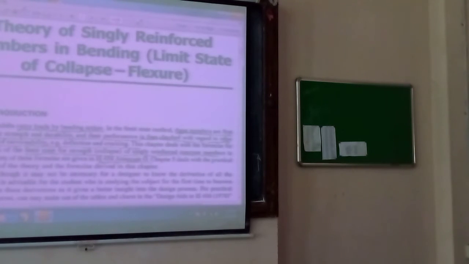In other words, ultimate limit state, or limit state of strength, or collapse in fracture. That is the correct way.